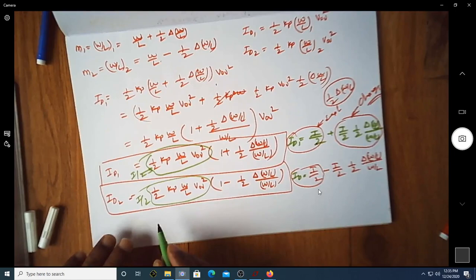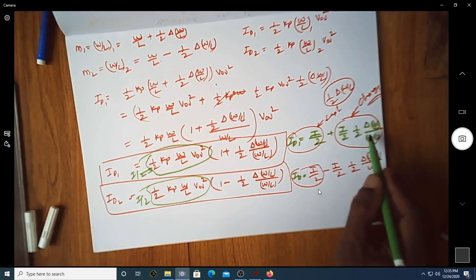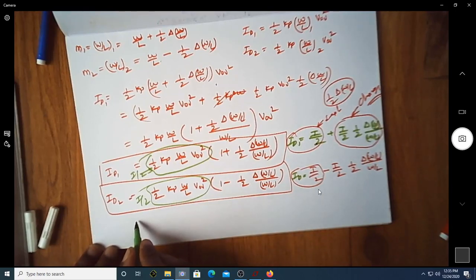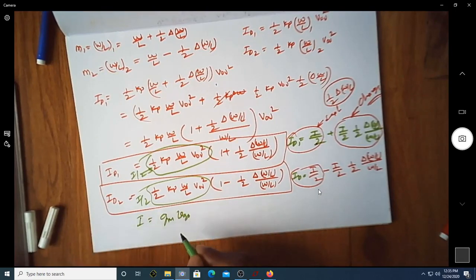If you want to overcome this, I should nullify this change. We know that I is given by Gm into VGS. Gm into VGS is the expression for the current flowing through the MOSFET, which is the transconductance multiplied by VGS, the input applied voltage.